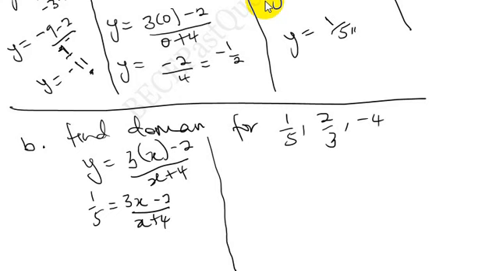So we are going to get x plus 4 being equal to 5 bracket 3x minus 2 in one bracket.